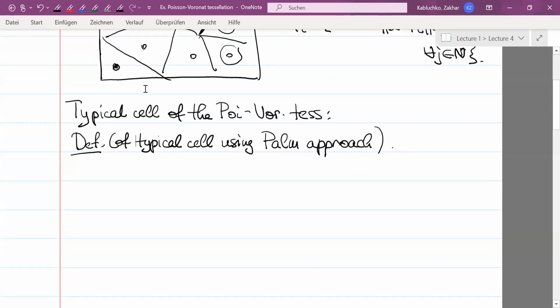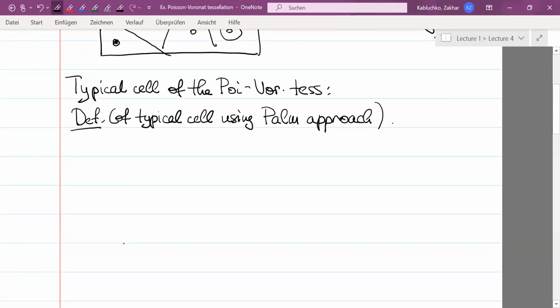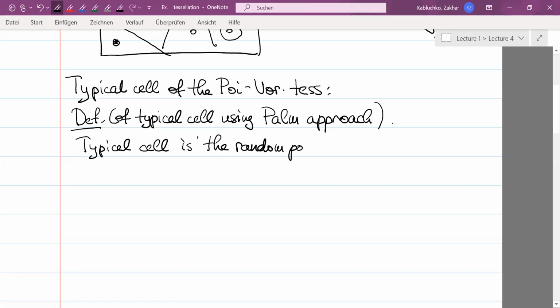And then the typical Poisson cell is the random polytope, which I call Vd, such that its distribution is given as follows.